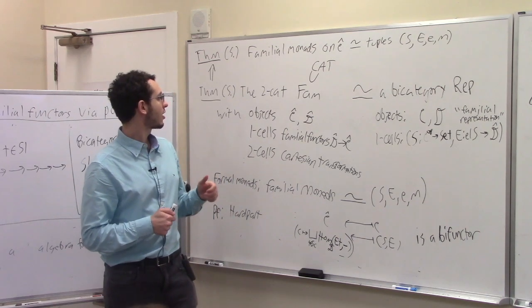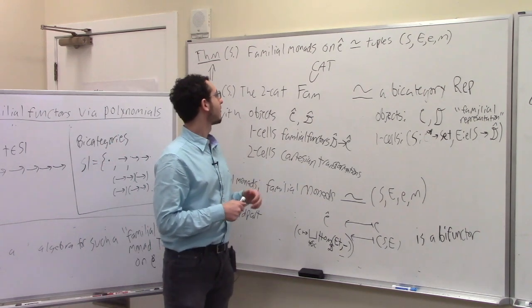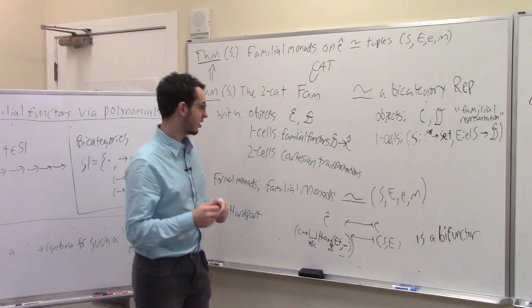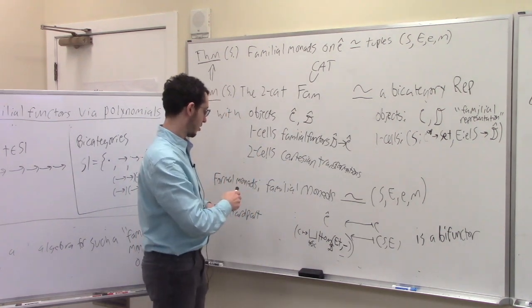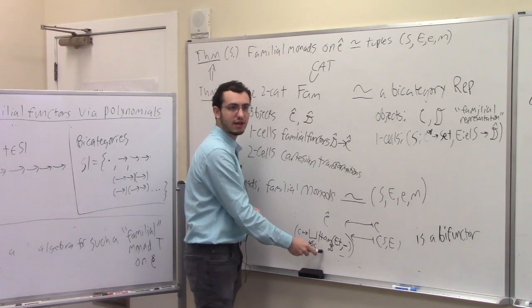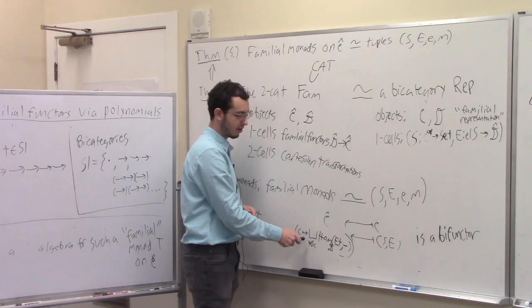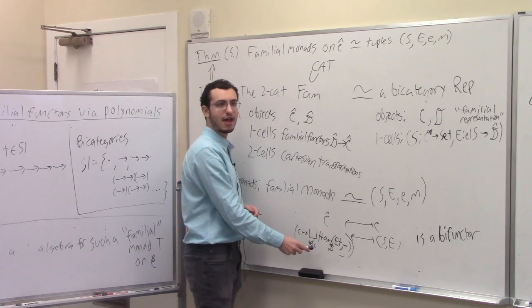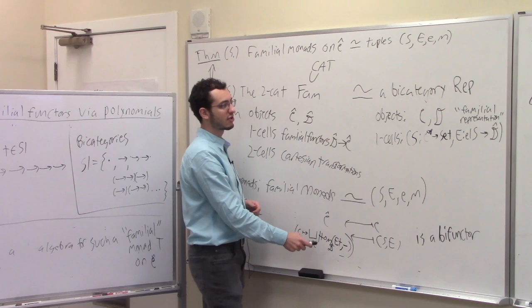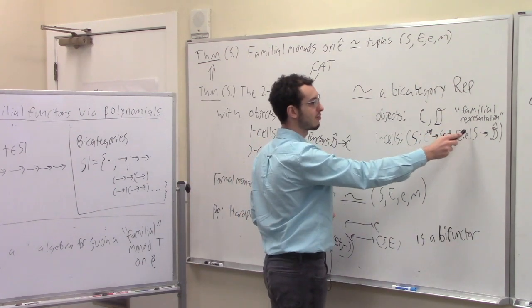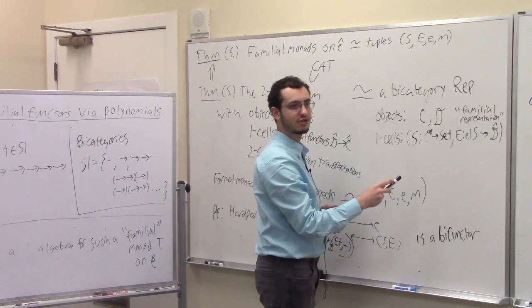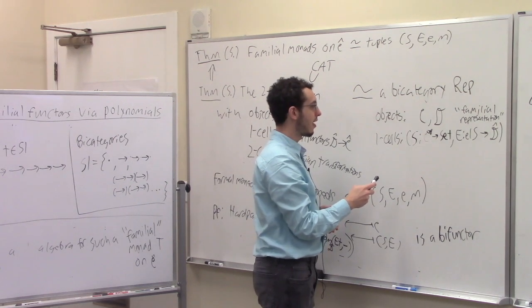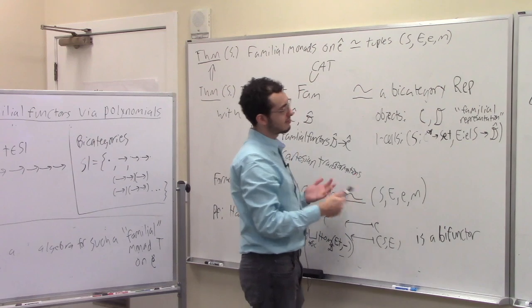Yeah, so it comes from, familial is short for familially representable, because here we have one of these functors. It's a disjoint union on each component for each cell shape. It looks like a disjoint union of representables, and so I sometimes called this a familial representation. It's also been called a representing family, which is maybe a little bit more evocative. That's where it comes from.